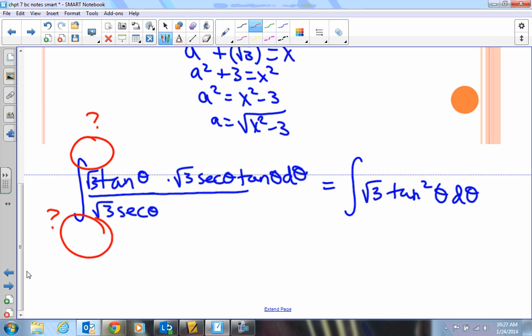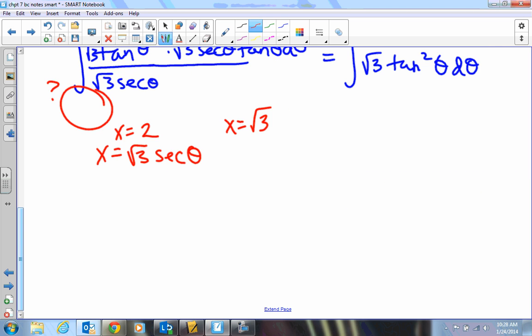Okay, so my new bounds, let's see, I started with 2, and I started with radical 3. And I need to find what those new ones are going to be in terms of theta. So I know that x equals radical 3 secant theta. So 2 equals radical 3 secant theta.